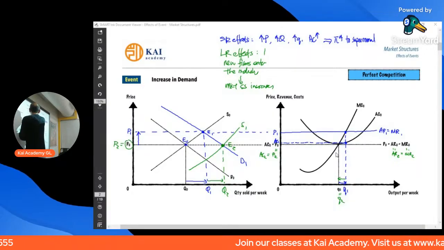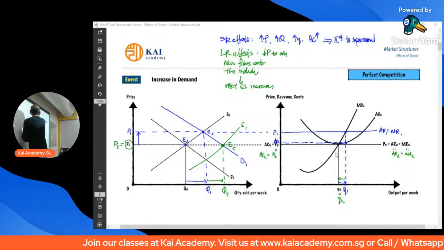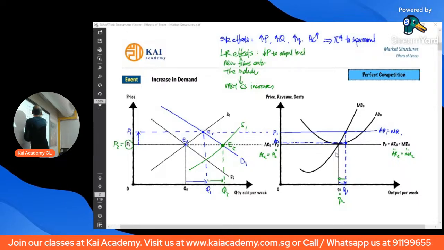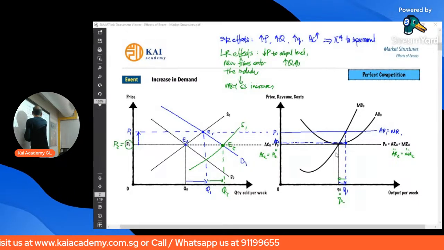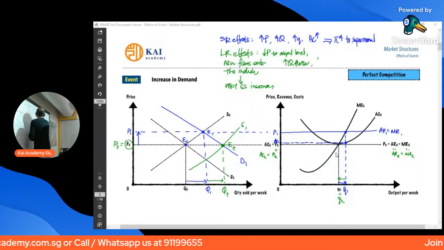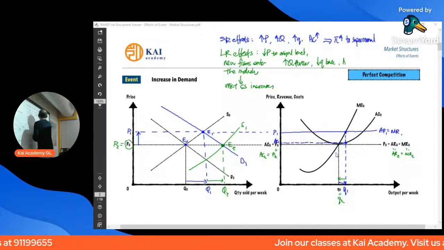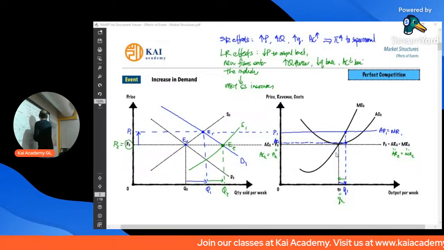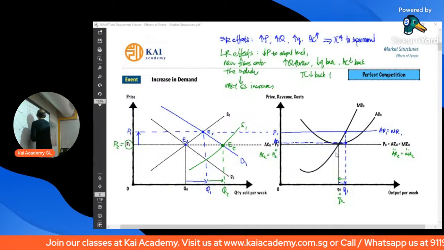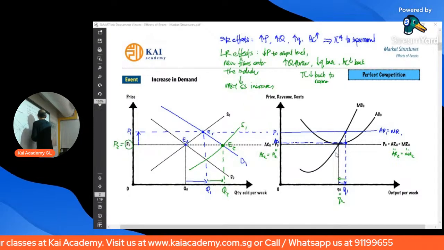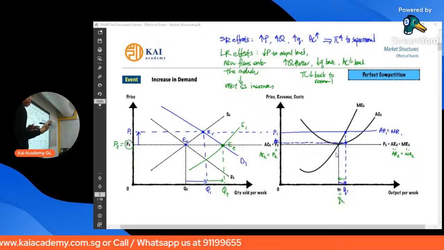So the result is price falls back to original level. Big Q rises further. Small q falls back. AC falls back. And profit falls back to normal. Right? So this is the effect of a demand increase.